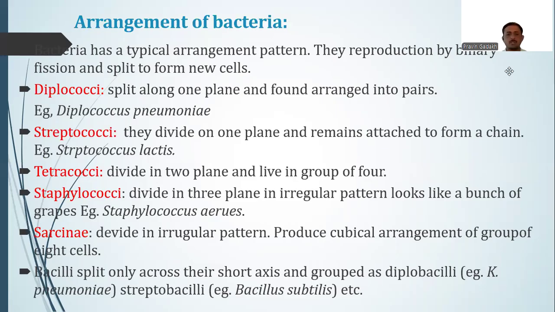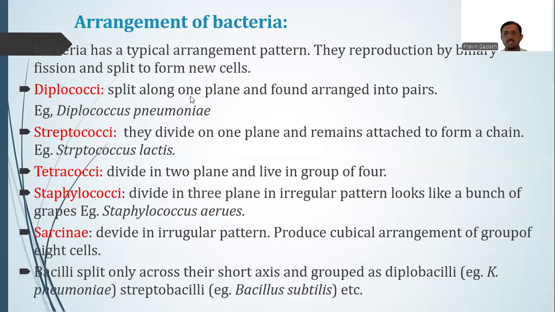Apart from that, they also follow a proper pattern of arrangement. When we see a diplococci shape, they split along one plane and are arranged into pairs. So if two cells are arranged attached to one another, we can call it the Diplococcus type of organism.